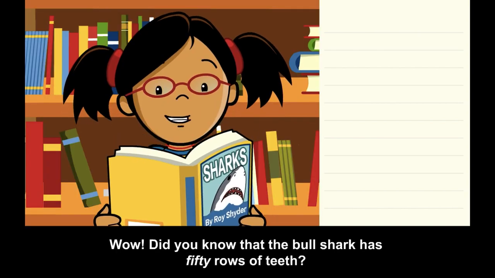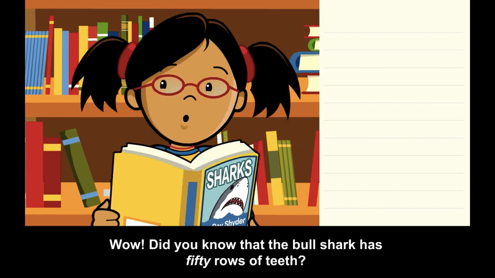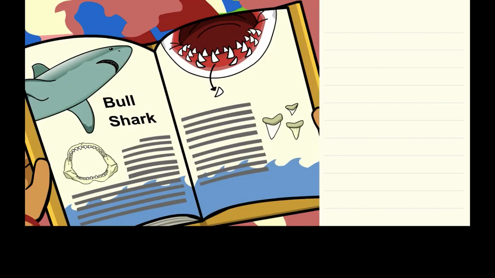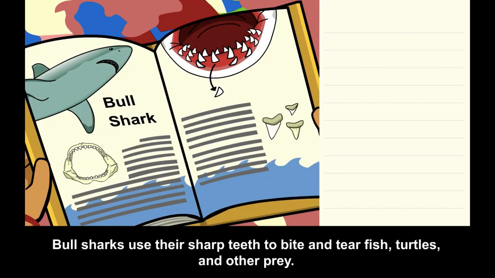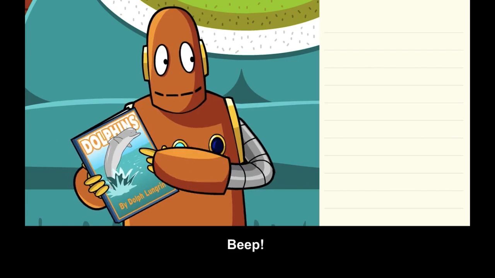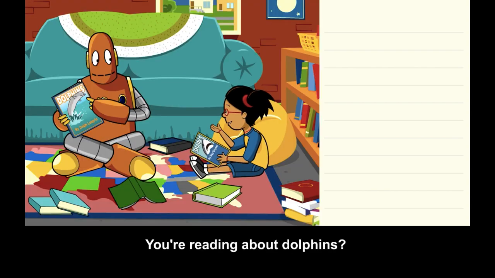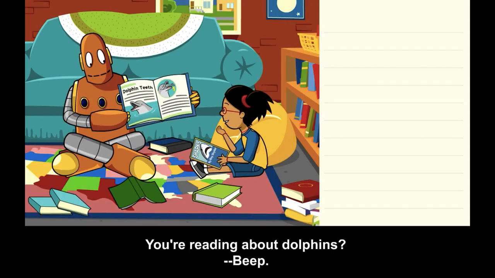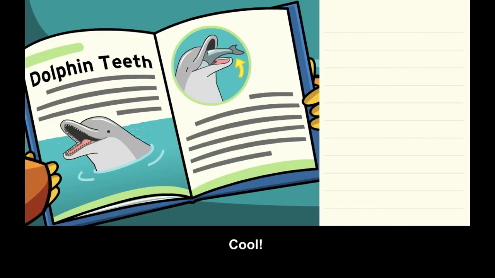Wow, did you know that the bull shark has 50 rows of teeth? Bull sharks use their sharp teeth to bite and tear fish, turtles, and other prey. When a tooth breaks, another one moves into its place. You're reading about dolphins? Cool.